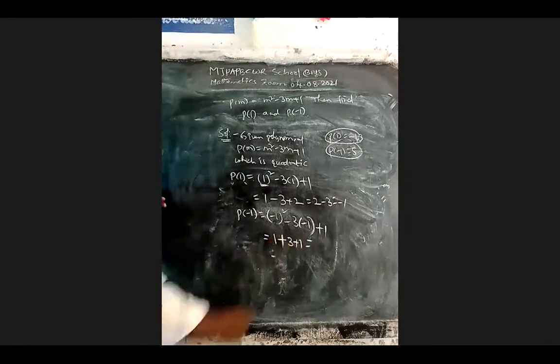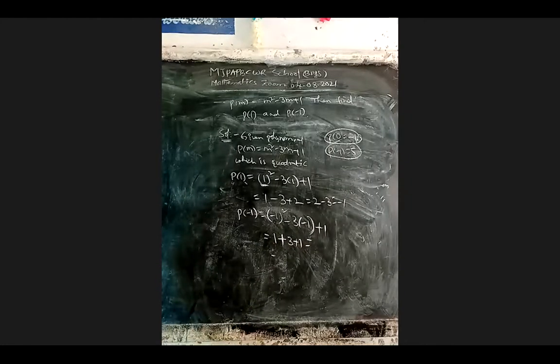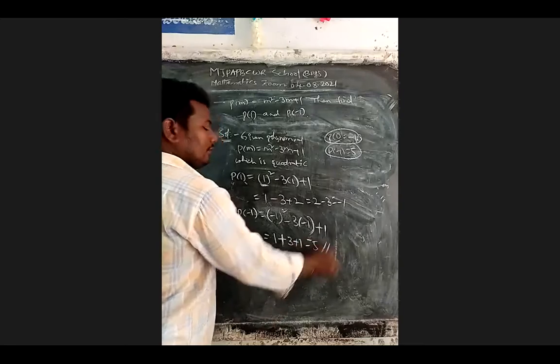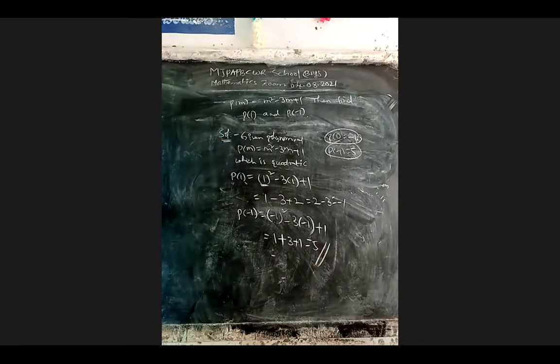So 1 plus 3 plus 1 equals 5, sir. Any doubts?